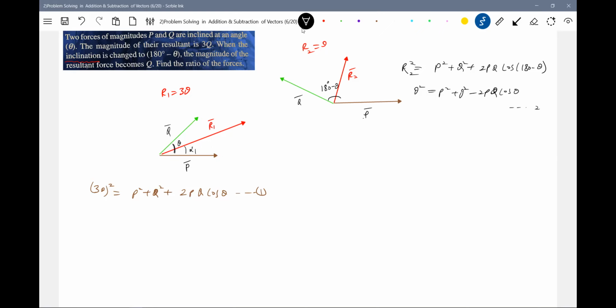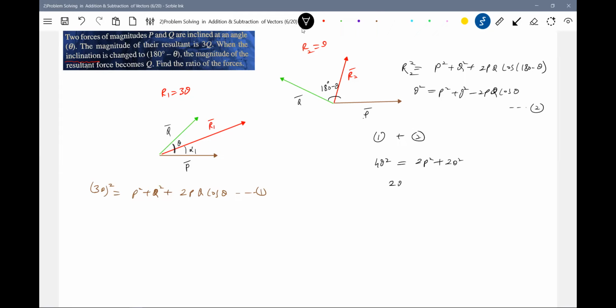There are equations 1 and 2. I'll add up these two. 1 plus 2 will become 4Q square. Here you have to look at this one: 3Q square, 4Q square equals P square plus P square, 2P square, plus Q square, 2Q square.